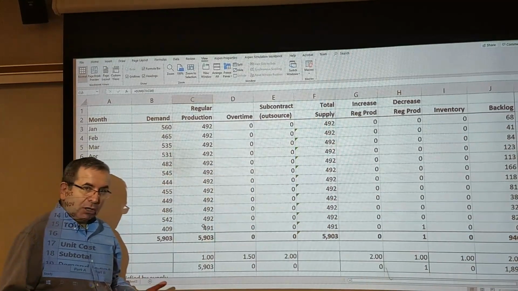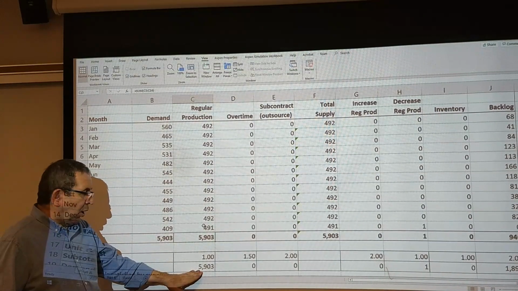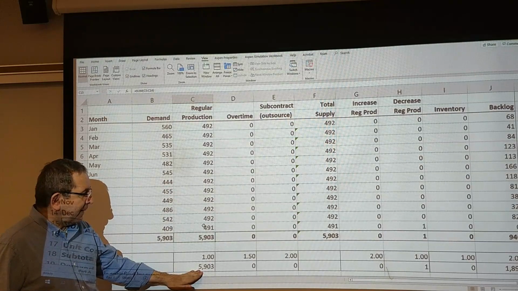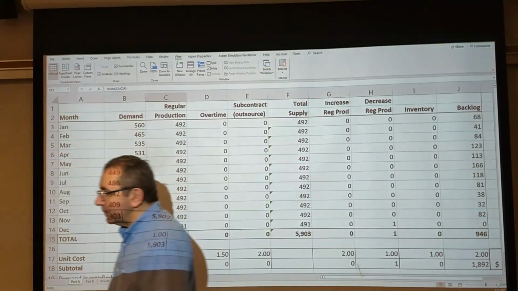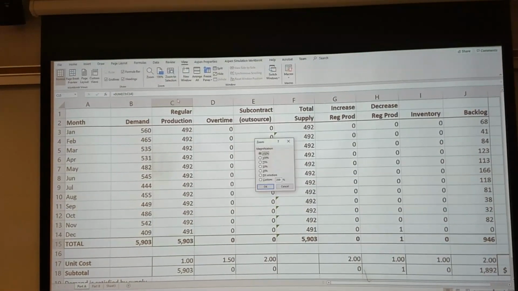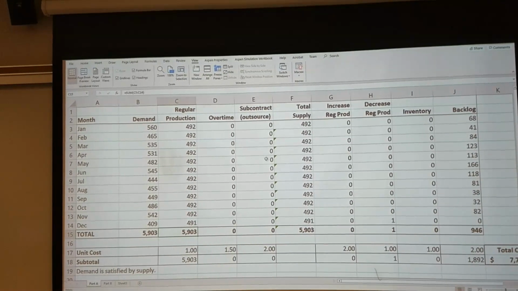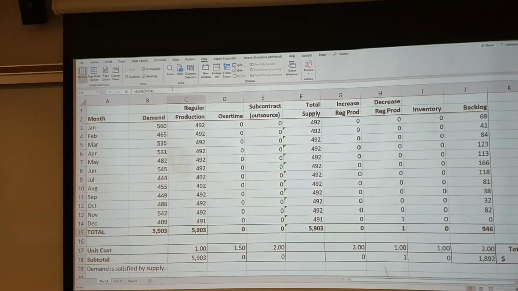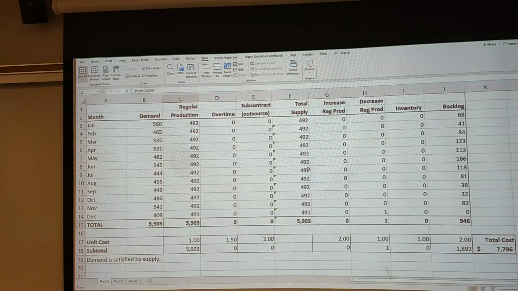So what is my total cost going to be? I'm going to have the cost of production, and then the cost of backlog. Let me scroll here.